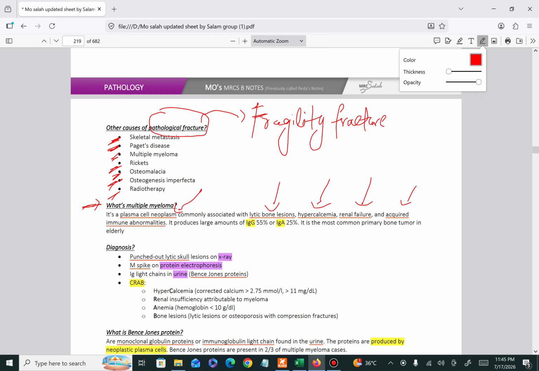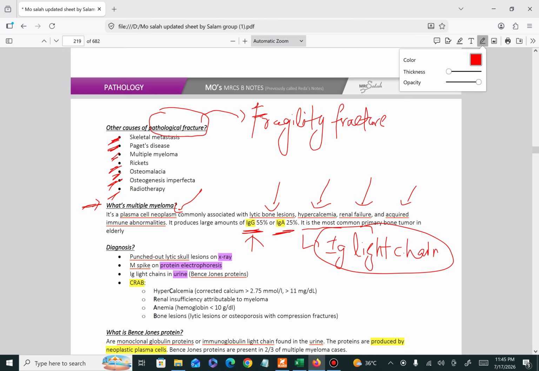It produces large amounts of IgG 55%, IgA 25%, and it can also produce immunoglobulin light chains. So the most common antibody produced is IgG, then IgA, and then the immunoglobulin light chains.